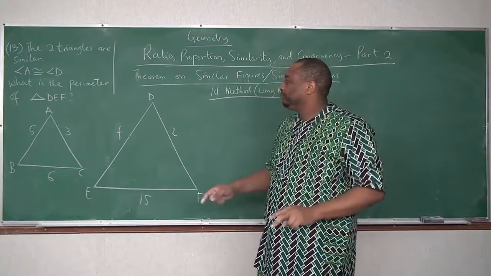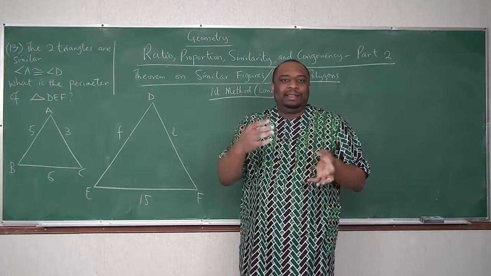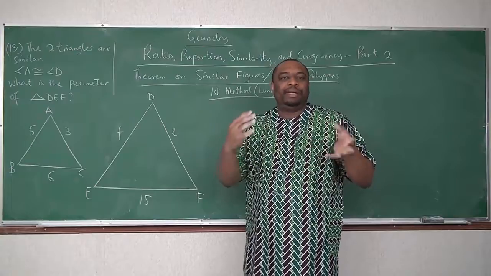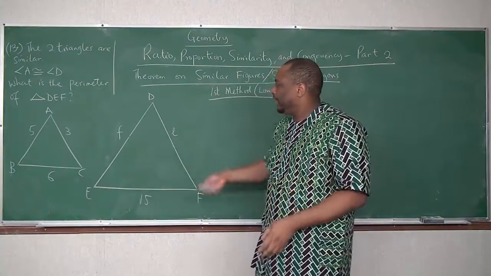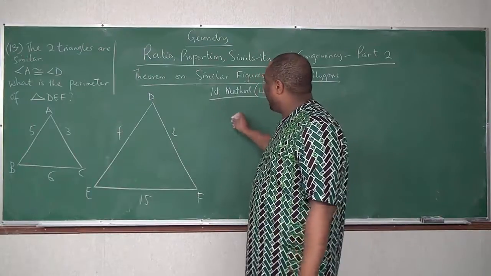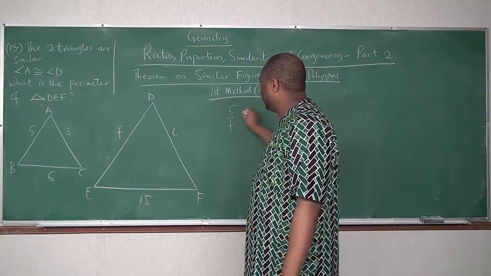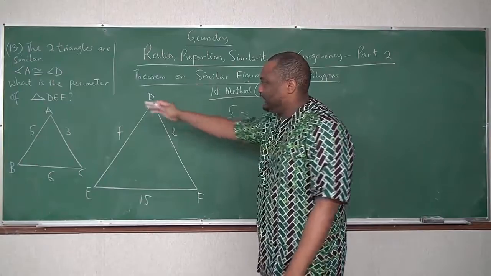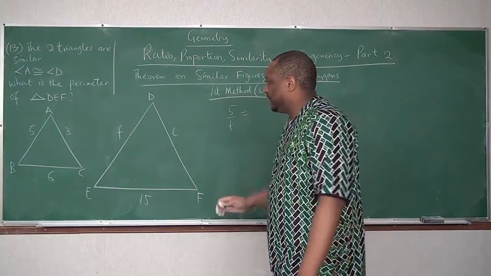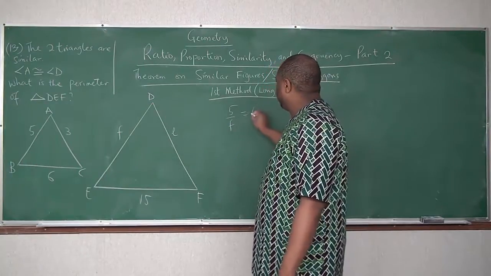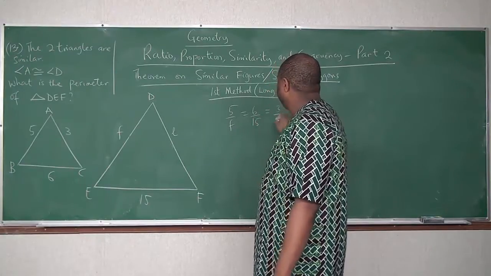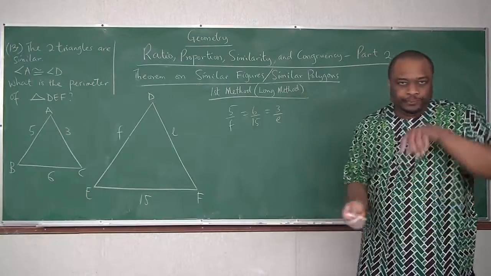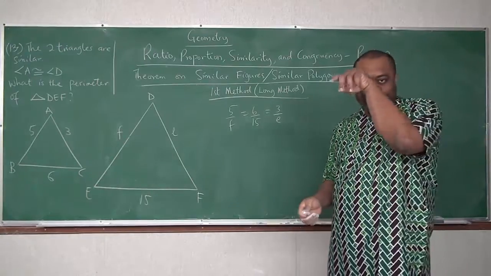Number two is that the lengths of the corresponding sides are proportional. So 5 over f is equal to 6 over 15, equal to 3 over e. That is the second requirement.